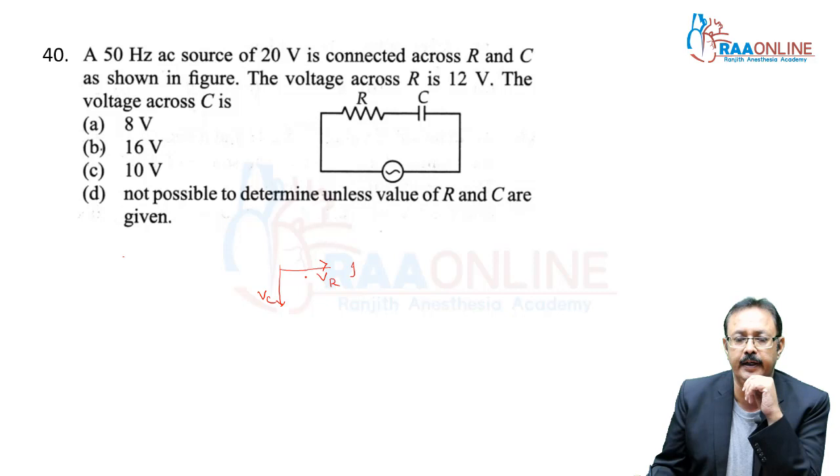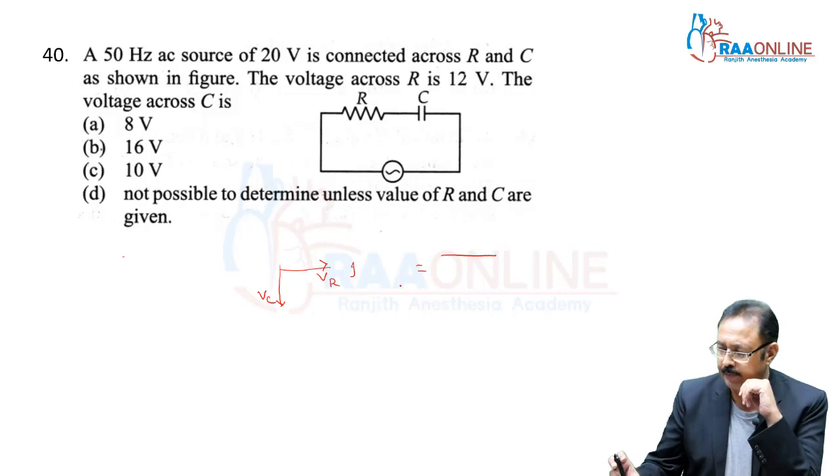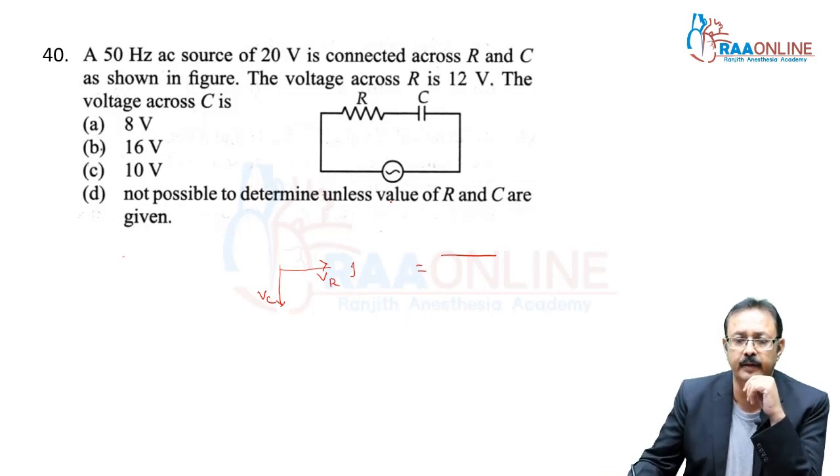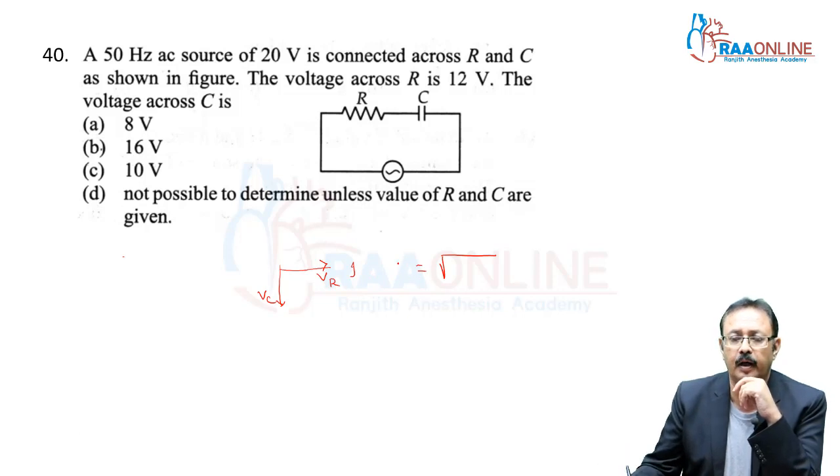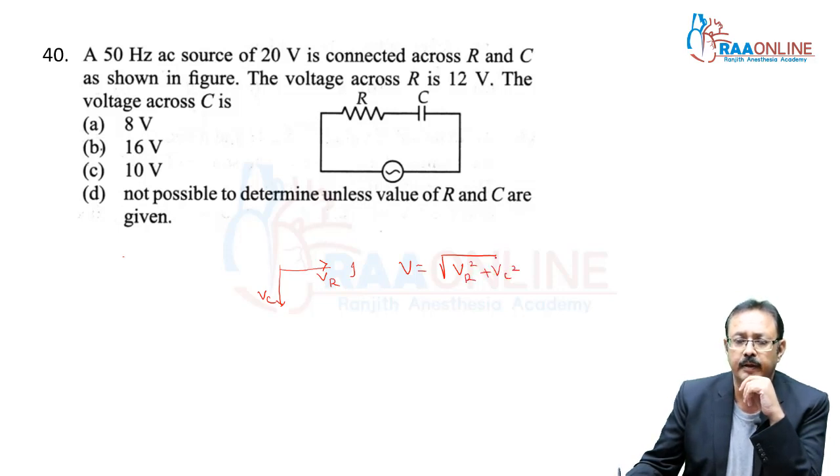So it is VC, and it is VR. The angle between VR and VC is 90 degrees, so the resultant V is equal to the square root of VR square plus VC square.